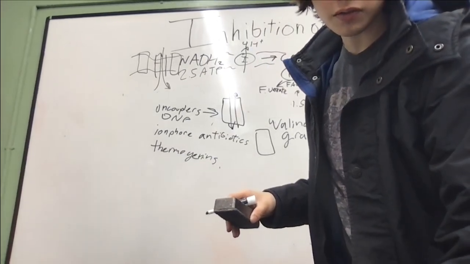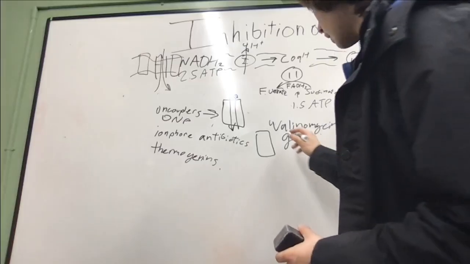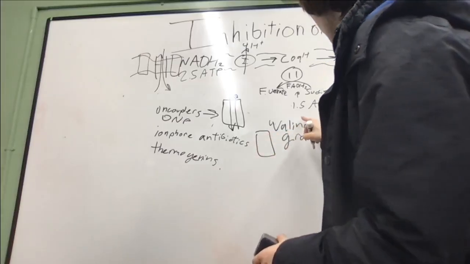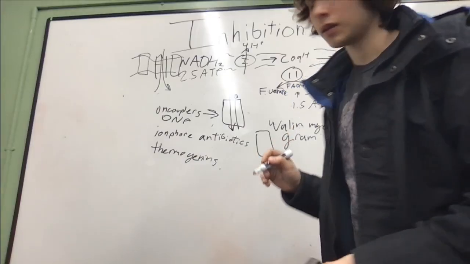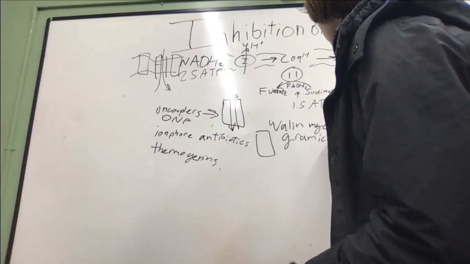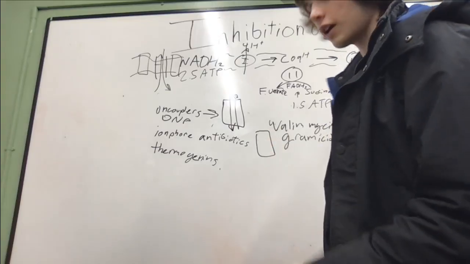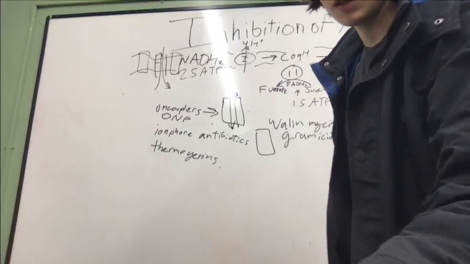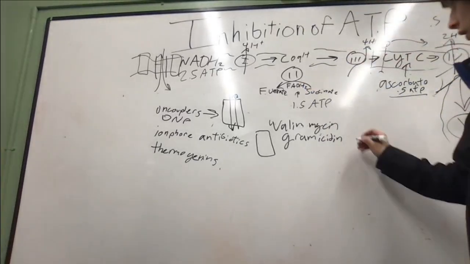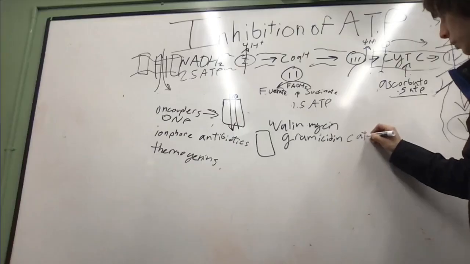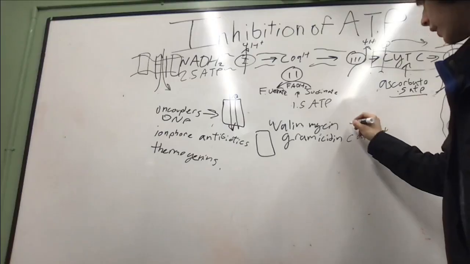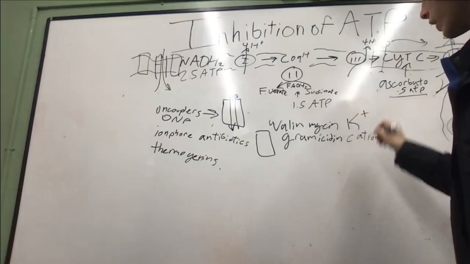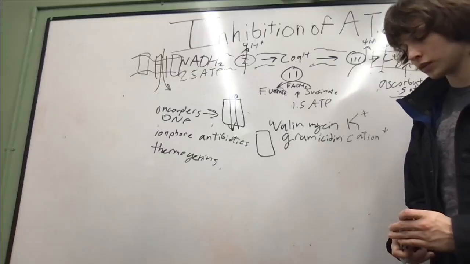If I'm spelling this right, valinomycin and gramicidin. So these are ionophores, and they work differently. This is a cation transporter generally. And valinomycin specifically transports potassium ions.